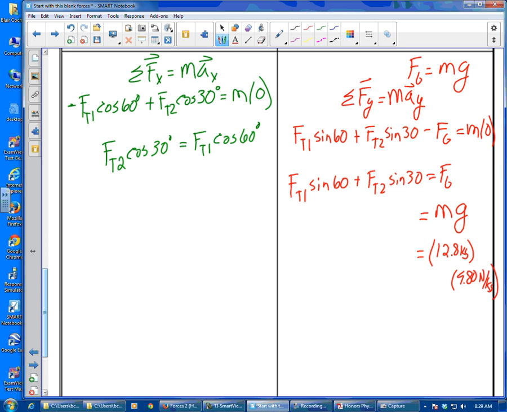This is telling me how they're related to each other. So I'm going to do this: Ft2 equals Ft1 times cosine 60 degrees over cosine 30 degrees. I'll let that sink in for a second, how I got that.